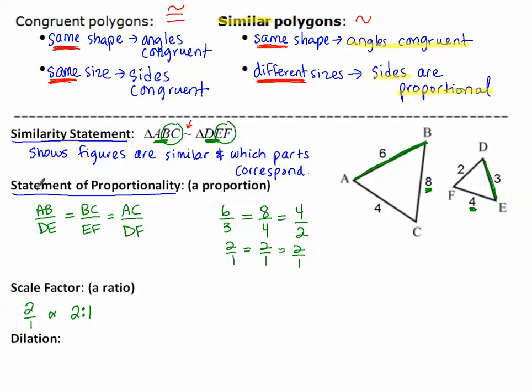So how do we describe what these things are? A statement of proportionality shows the ratios of the corresponding side lengths.